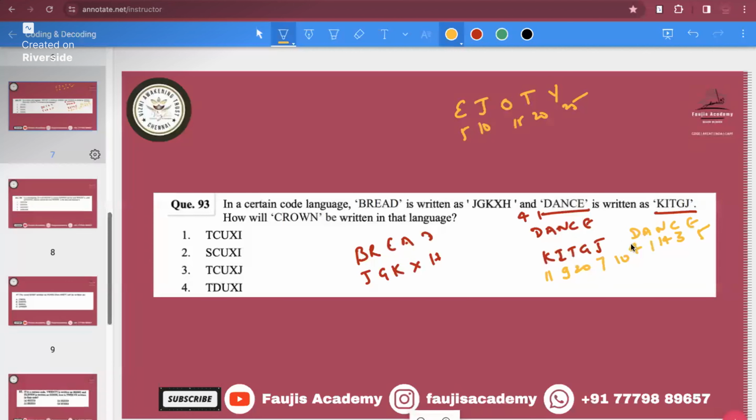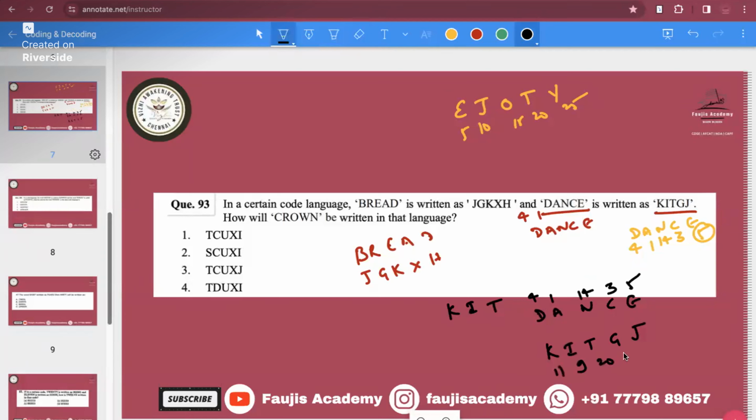So did we see any similarity between all this? 4 is turning into 11, 1 into 9, 14 into 20, 3 into 7, and 5 into 10. So 11, 9, 20, 7, 10.